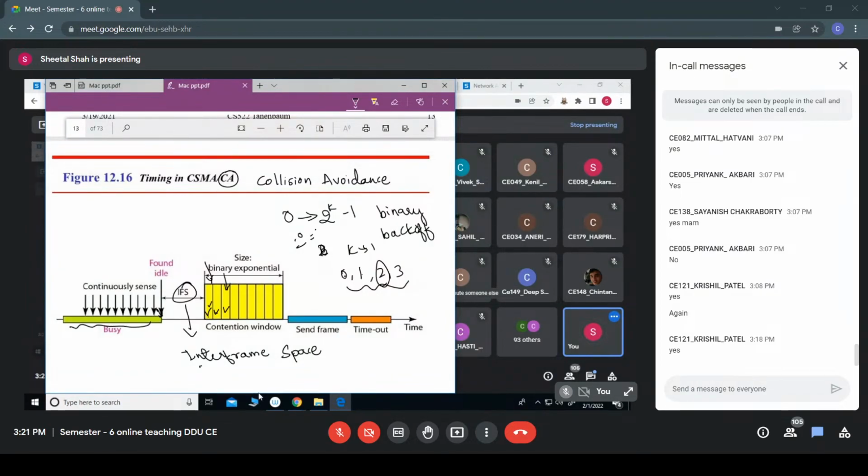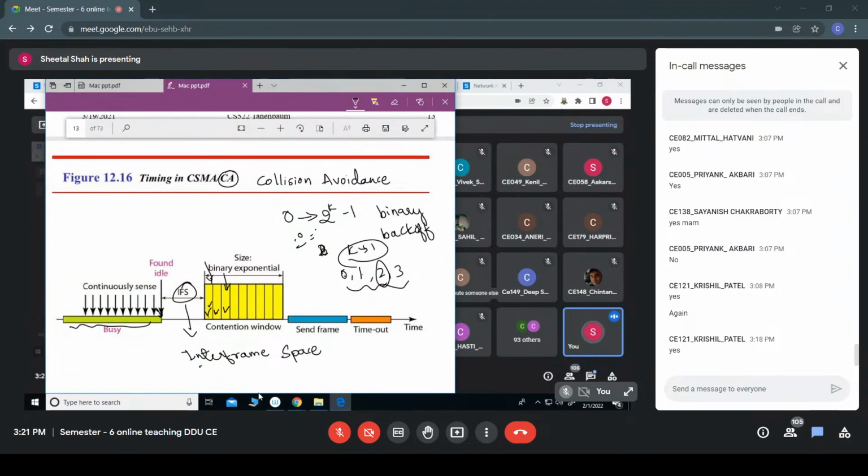So every station, based upon the number of collisions it has faced, has its k value changing. As the k value increases, the number of slots increases, and a station has to choose any one number from the given contention window. Followed?